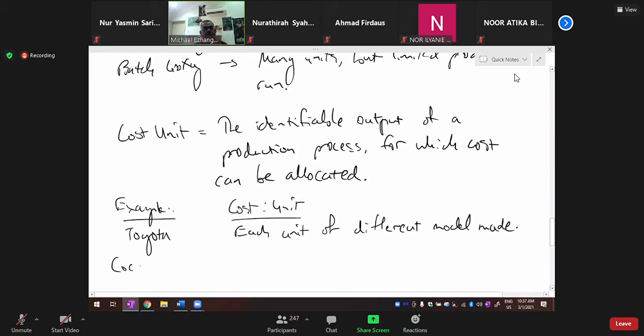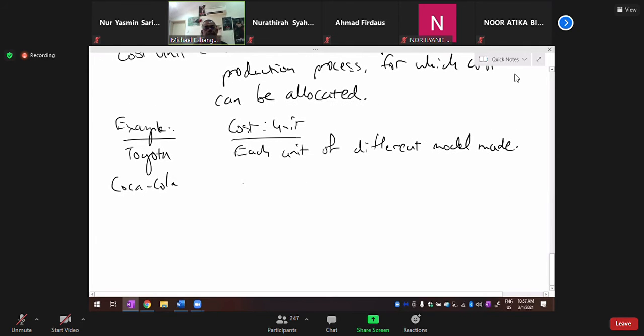If you take Coca-Cola, the cost unit will be Coke, Sprite, etc. I mean, Coca-Cola makes so many drinks here, and each one of it is a particular cost unit.